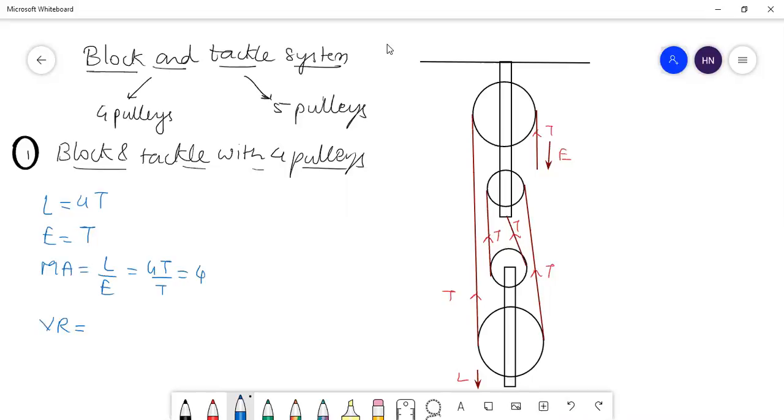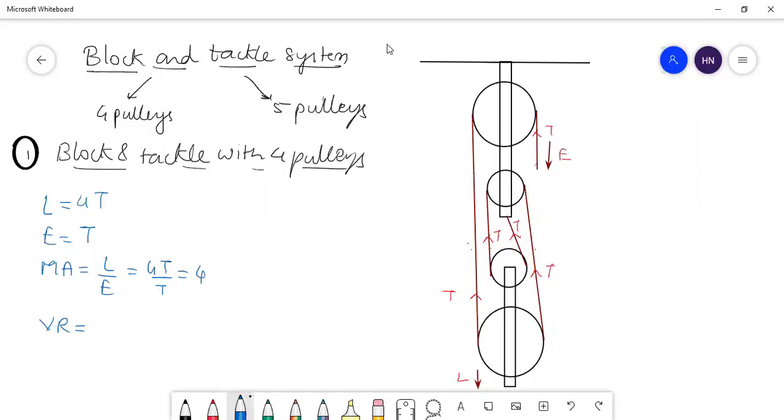Similarly, for the velocity ratio, when the load moves by distance D, since there are 4 strings, every string will experience a distance of D, D, D, and D. That means this particular length will increase by D plus D plus D plus D, which is nothing but 4D.